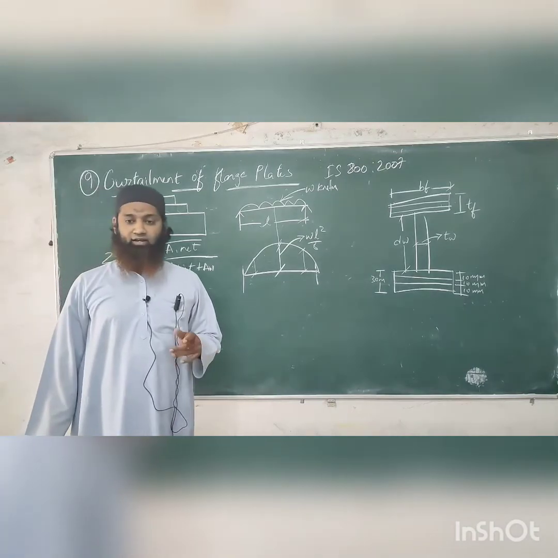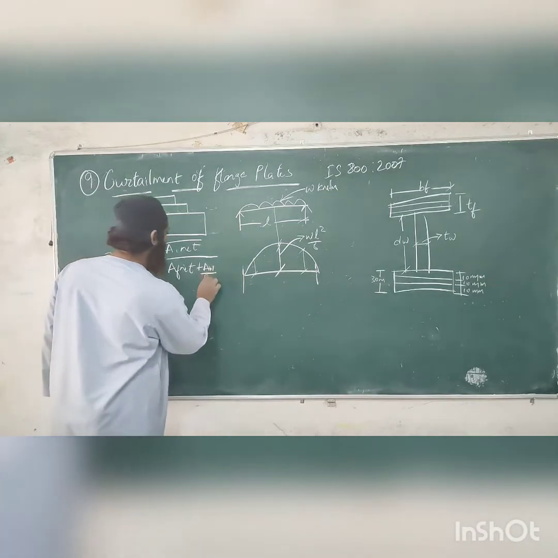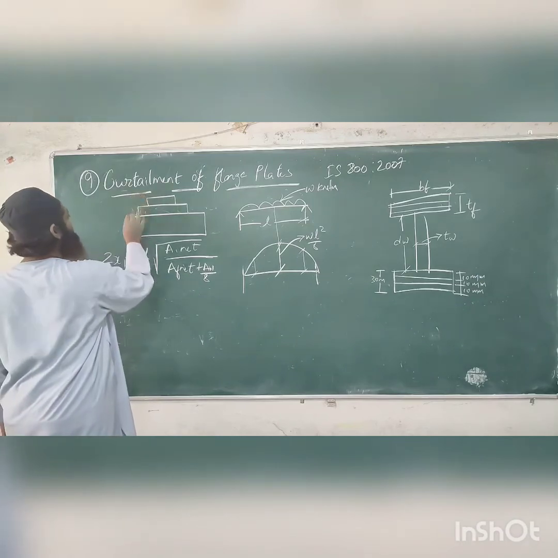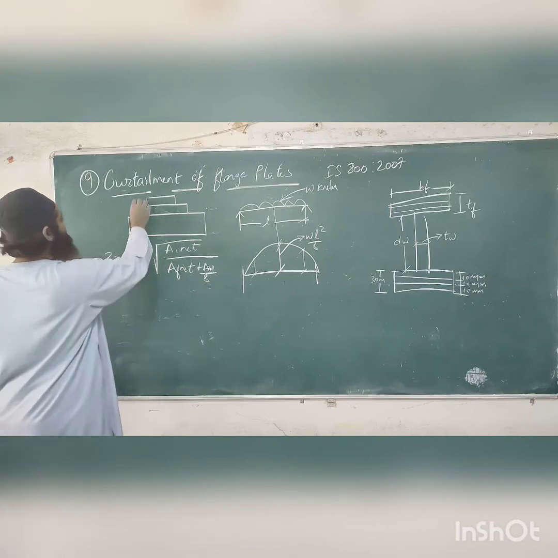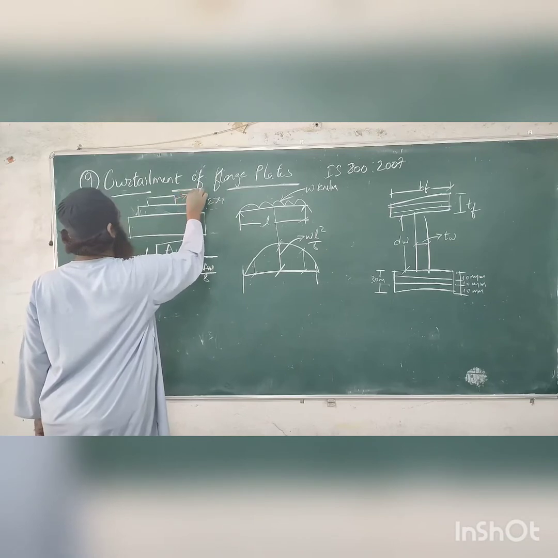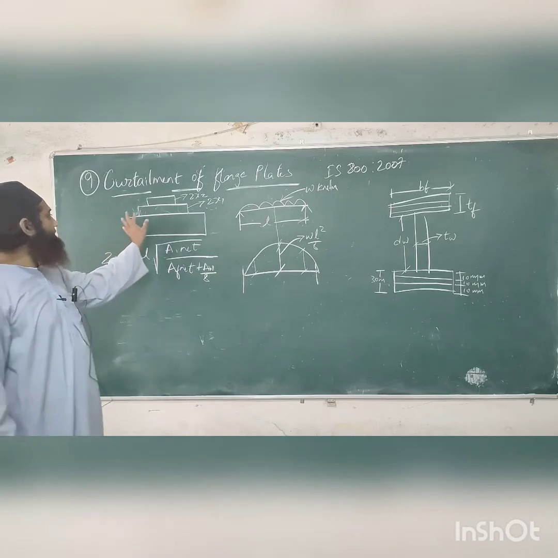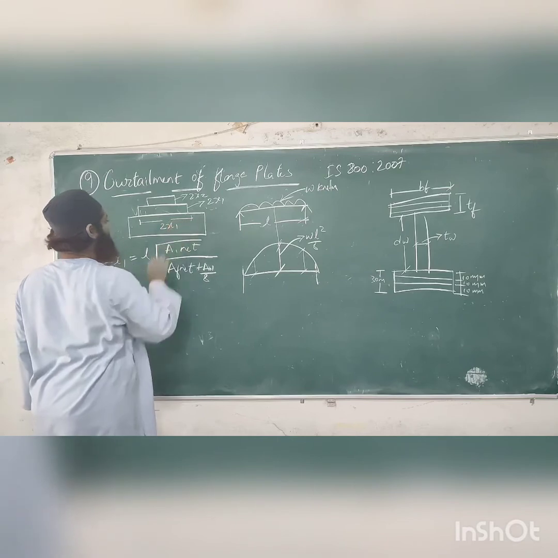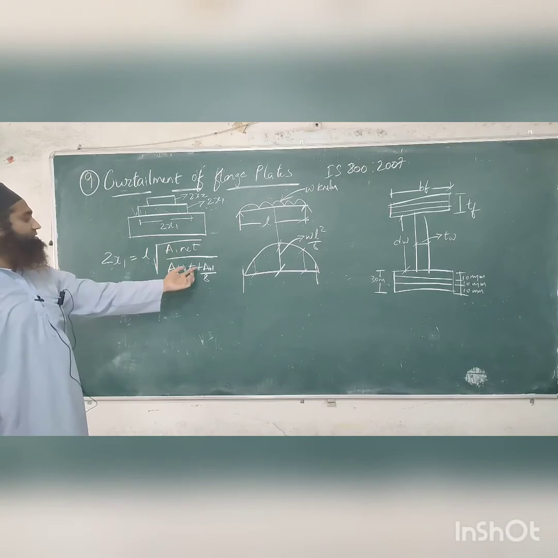So what is 2x1? This is the last plate which we will be cutting. How much should we cut it? What should be the size of this plate? This much is 2x1, that is L into root of A1 net by AF net plus AW by 8.